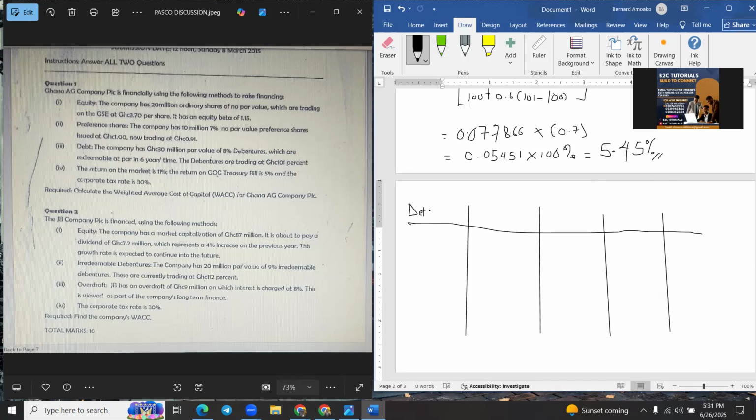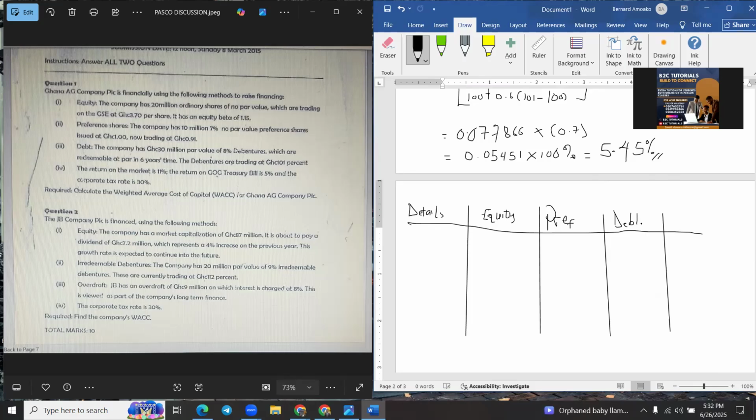So all you need is the details. This is for equity. The next will be for preference shares. And the last one is for the debt. We are finding just their market value debt.